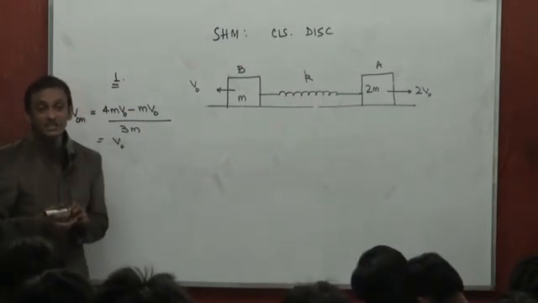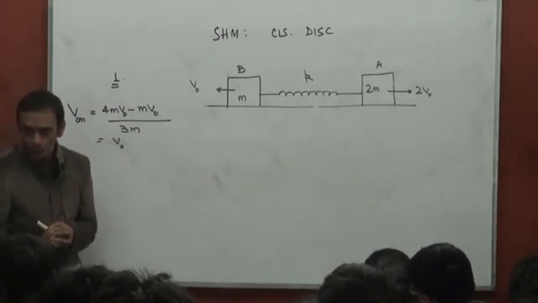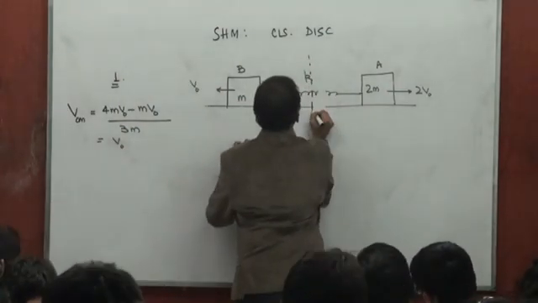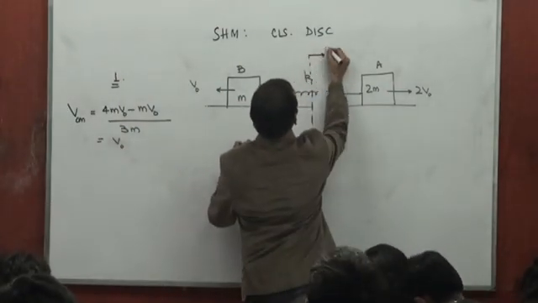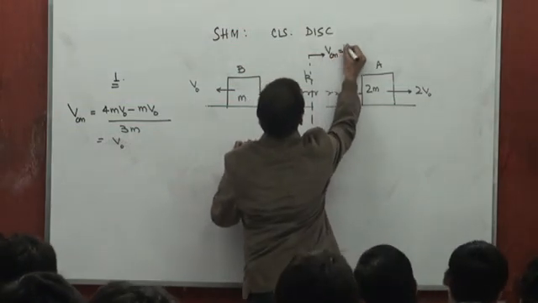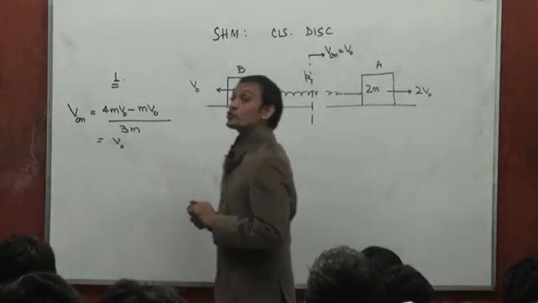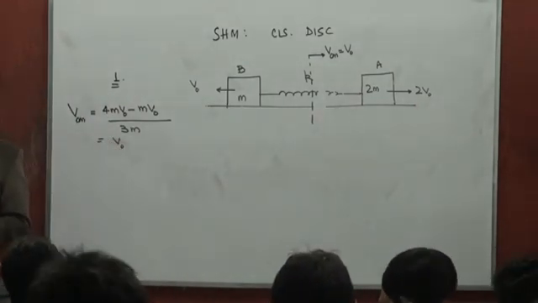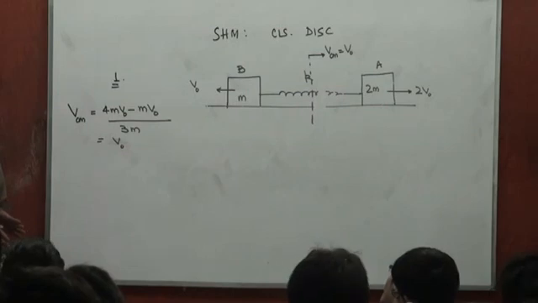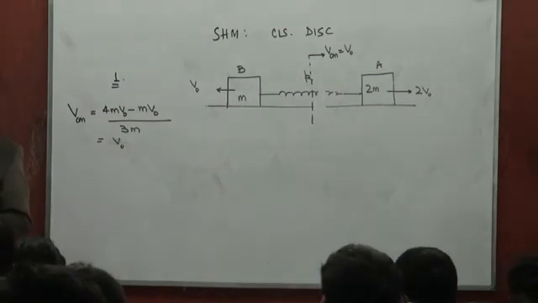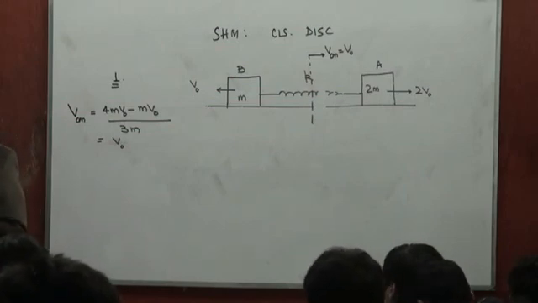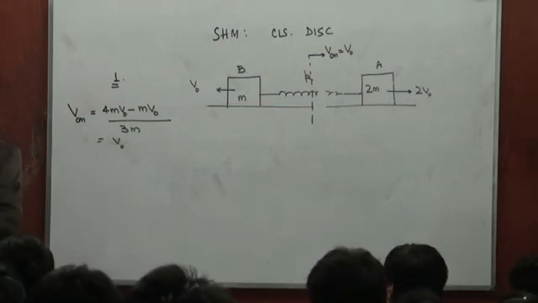Velocity of the center of mass is v0, yes or no, right? Now I'm going to analyze the situation in the center of mass frame, and I told you in my last class that in the center of mass frame, both these masses will execute simple harmonic motion with omega equal to root k by mu. Mu is the reduced mass, right?